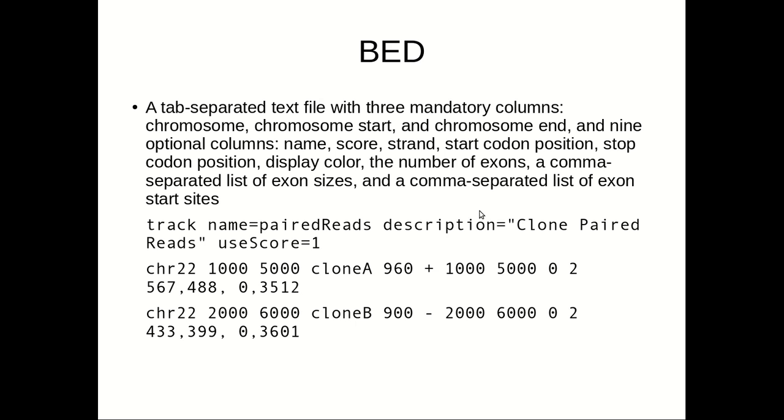If we're dealing with a situation where the start and stop codon can differ from the start and stop of the gene, this just defines that. And then we have the display color, which basically lets us color different genes or different annotations differently in a visual display of this annotation. That can be useful for looking at categories. Then we have the number of exons, a comma-separated list of exon sizes, and a comma-separated list of exon start sites.